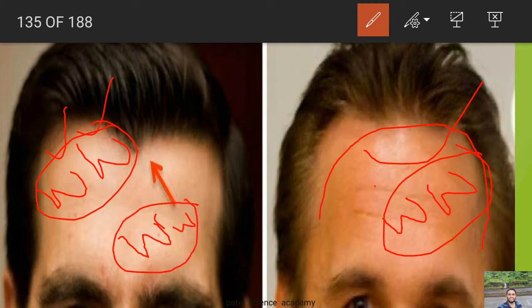So in this situation, if you have this pair in your body, your hair will have a widow's peak, either this pair or this pair, small w capital W.